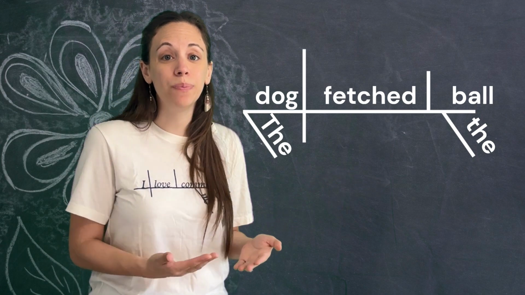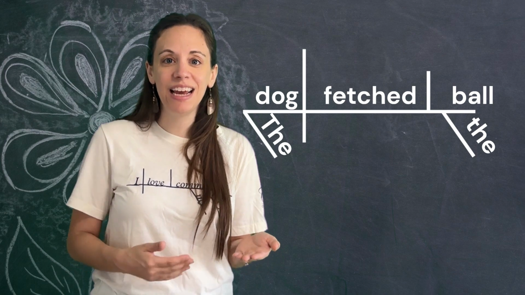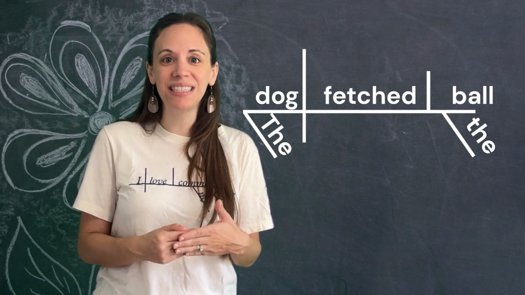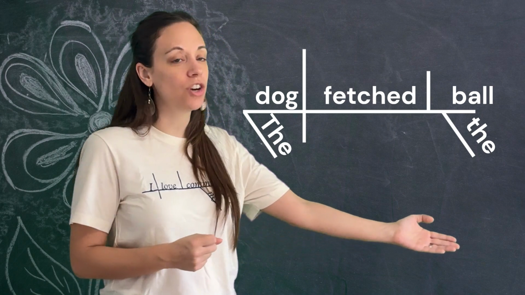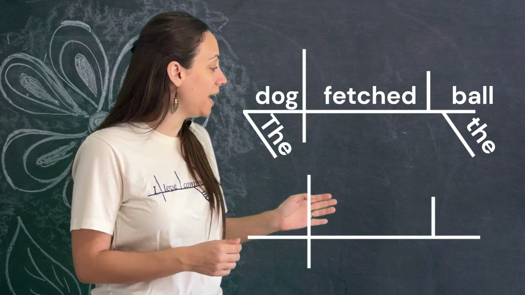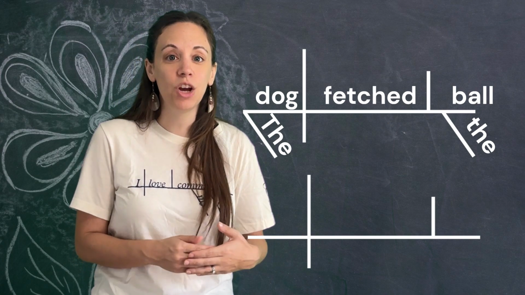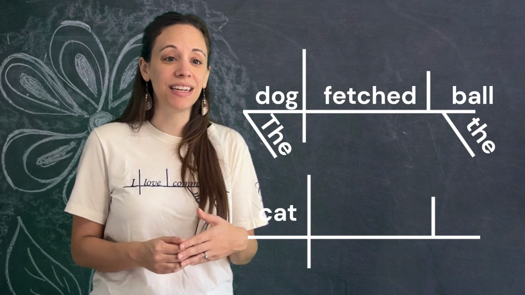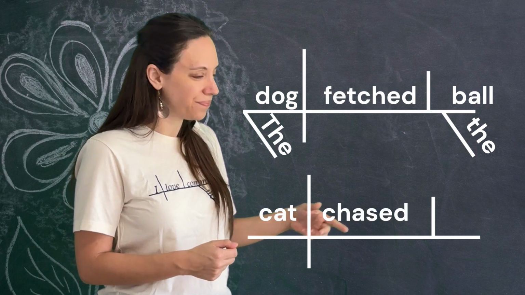Now let's add to it by diagramming our second independent clause. This clause is also an SVTDO pattern. So we're going to start by making that line appropriately SVTDO. So what is our subject? Cat. Our verb transitive is chased.